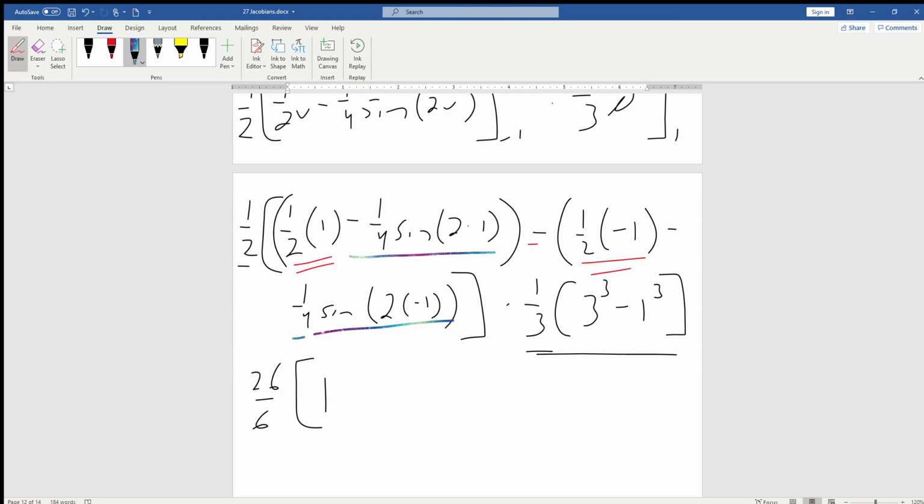I'll write that out: minus 1/4 sine of 2, plus 1/4 sine of negative 2.